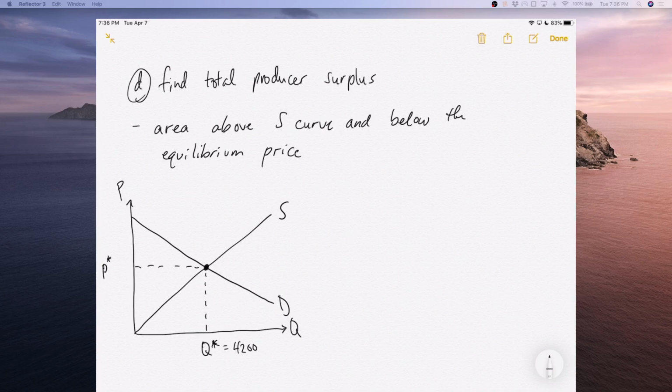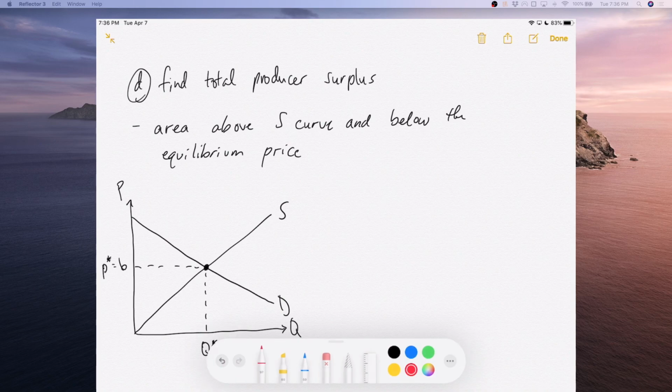So like I just said, the area above the supply curve and below the equilibrium price, that's our producer surplus. Let's do a different color. This area here, that's the producer surplus area.